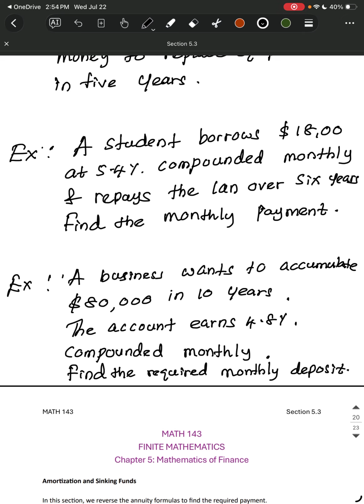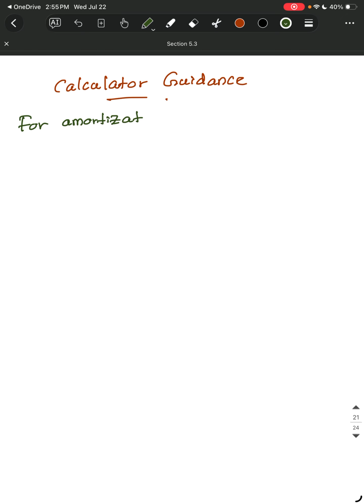Okay, I'm happy to give you the calculator guidance for this also. Let's quickly go through it. For amortization, first calculate 1 plus i. Raise it to the power negative n.